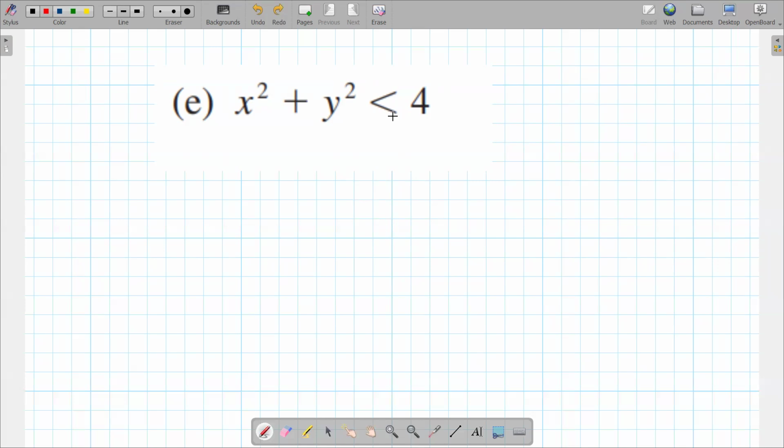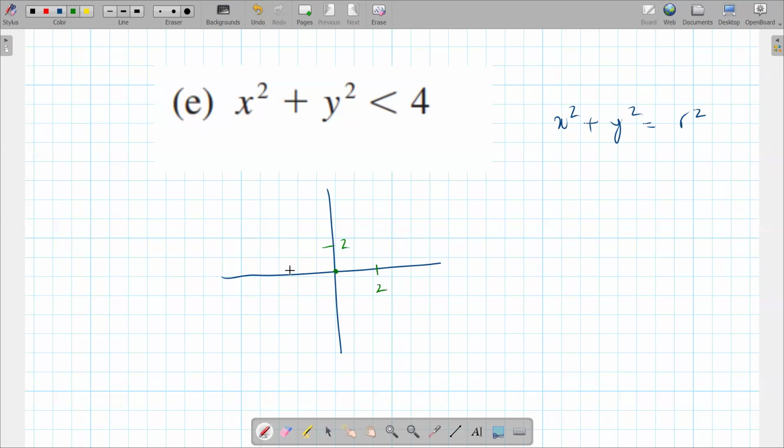What is the radius of the circle? 2. x squared plus y squared equals r squared. So r squared is 4. That means r is 2. So we're dealing with a circle. Because there's no h, k, we know it's centered at the origin. So this is the center of the circle, the origin, and then our radius is 2.